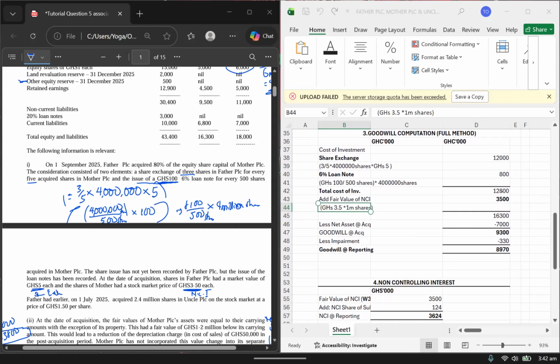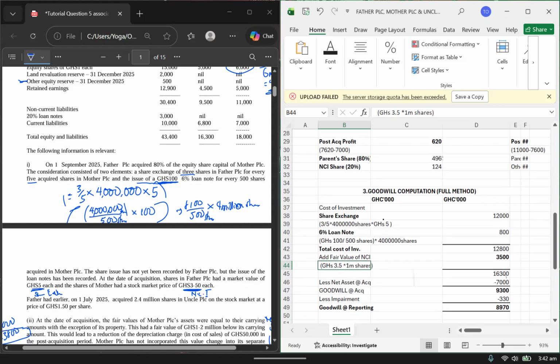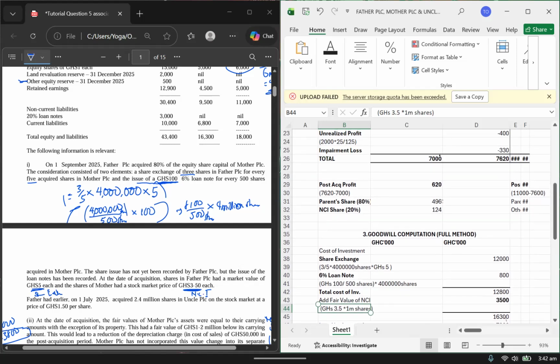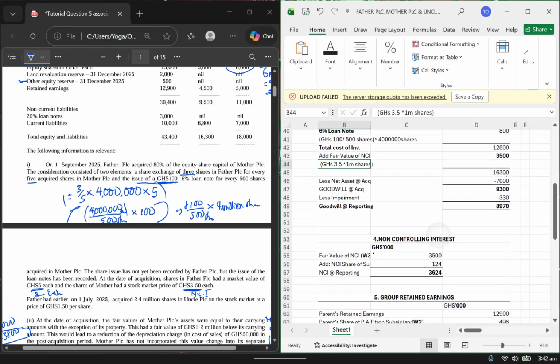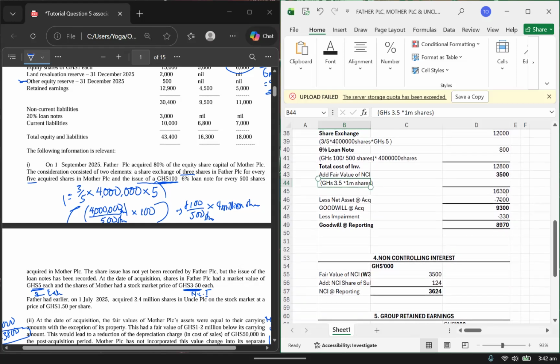So you get a total purchase consideration plus this, which gives us 16,300. And then you less what? The net asset at acquisition. That one we had 7,000. Less net asset at acquisition, you get 9,300. So the 9,300 is the goodwill at acquisition.